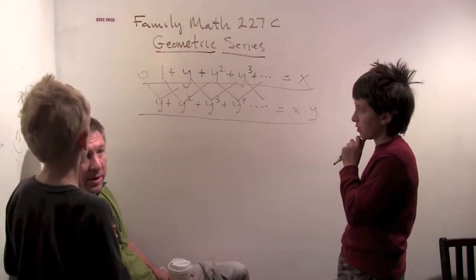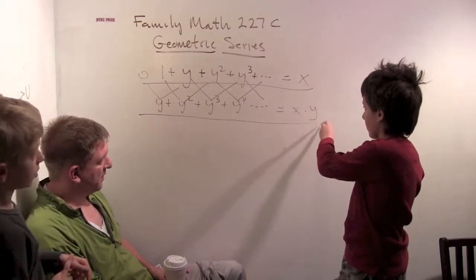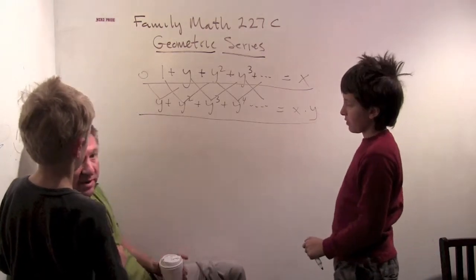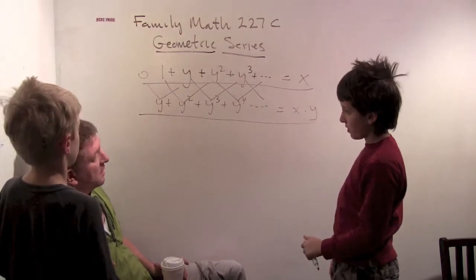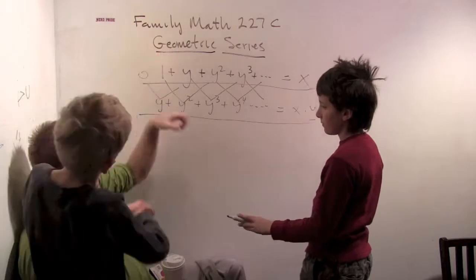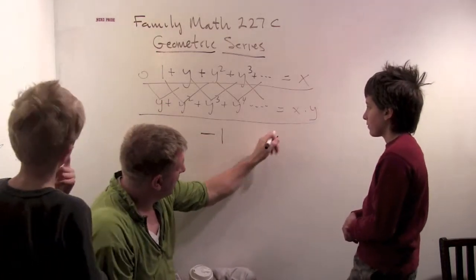So what am I left with when I do the subtraction? I'm starting on the bottom, and what am I subtracting? You're subtracting the top away, so it's a minus 1. So I have a minus 1, so 1 minus 1. And what does it equal on this side?